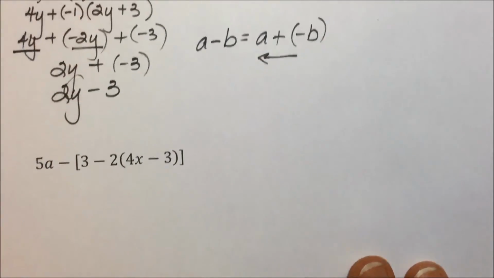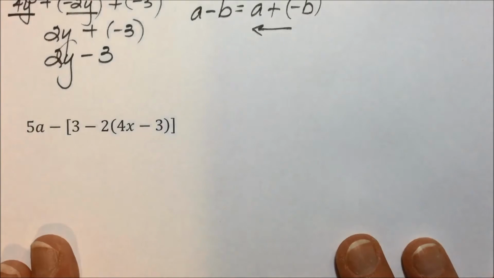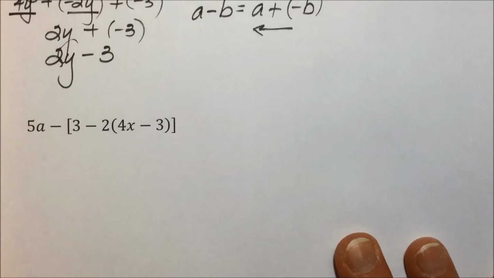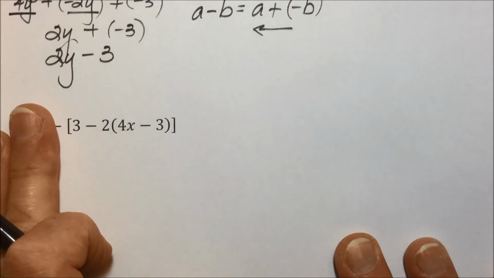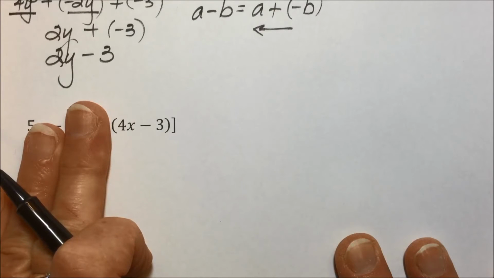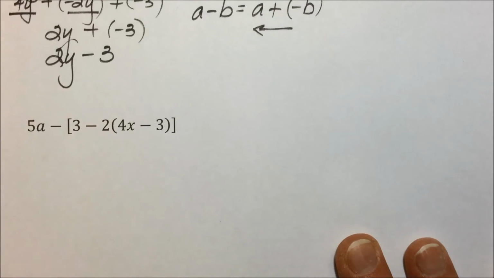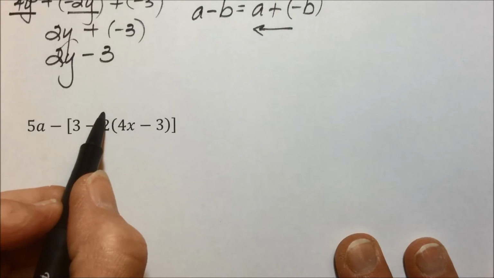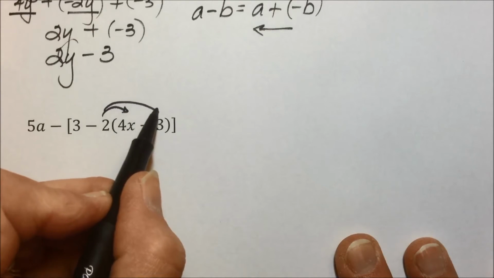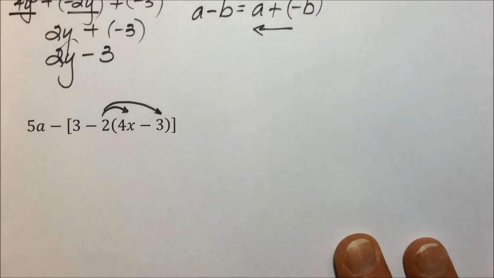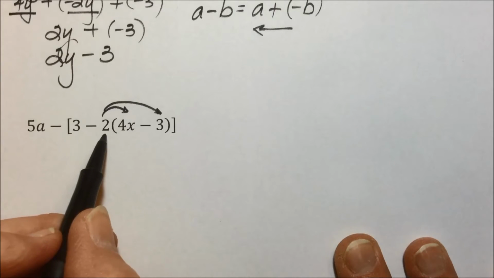In this next one, they're asking us to simplify, and we have to follow our order of operations inside the parentheses and further inside. These aren't similar terms, so we can't do anything there. But if we back out, we do have a distributive property to eliminate the parentheses. And is it a minus 2?